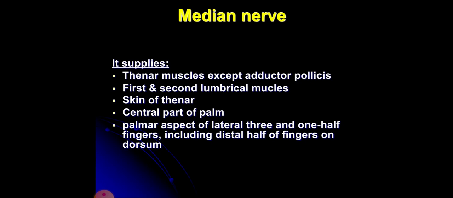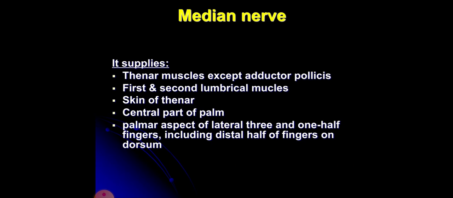The median nerve passes through the flexor retinaculum and then gives rise to the recurrent branch of the median nerve. This recurrent branch is responsible for supplying the abductor pollicis brevis, flexor pollicis brevis, and opponens pollicis.